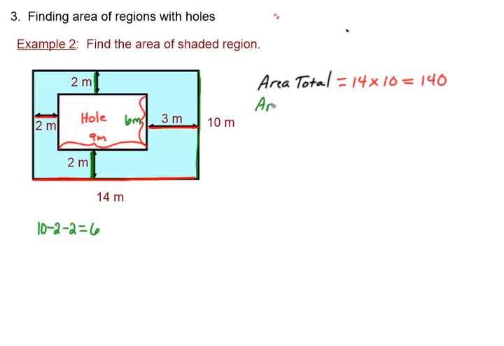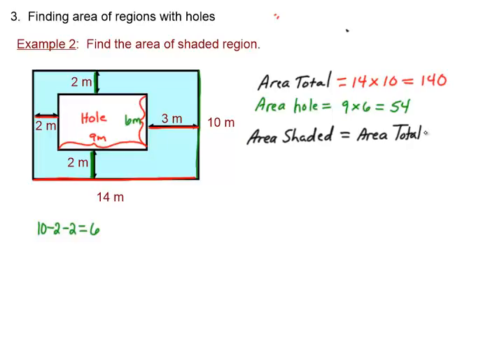So now I find the area of my hole. Area of my hole is 9 times 6, and that's 54. So if I take my hole out of there, I'll find the area of the shaded, and that's what I'm looking for. So area of the shaded equals area total minus area of the hole.